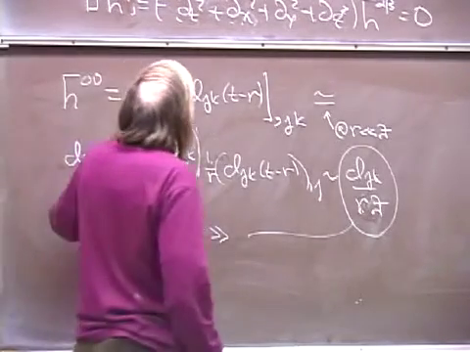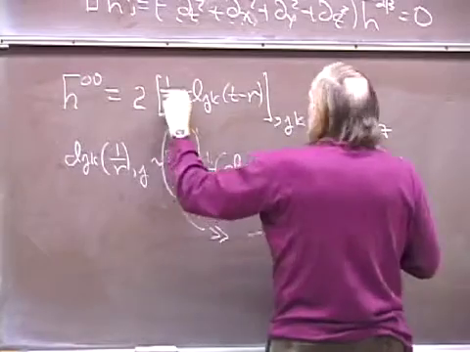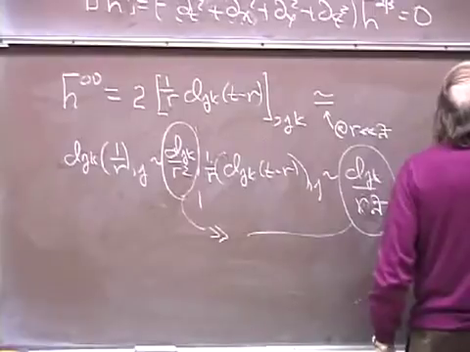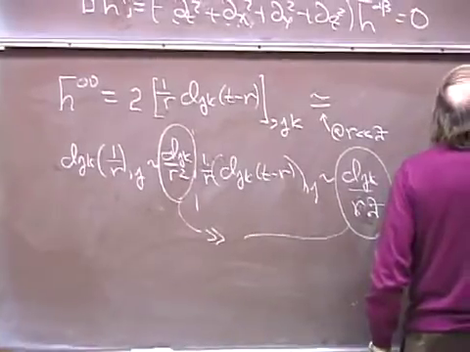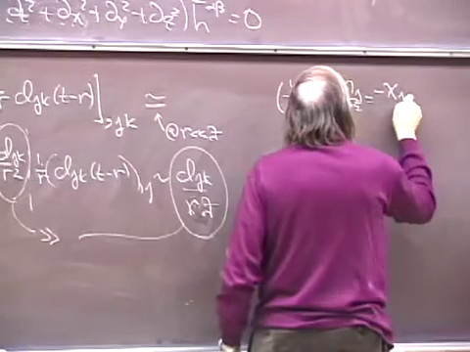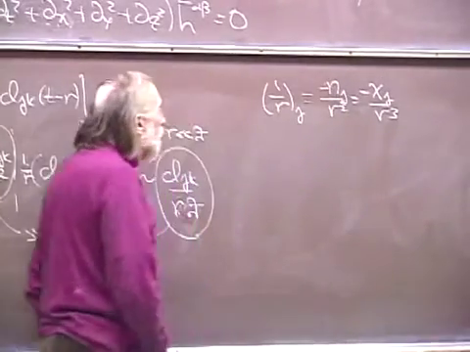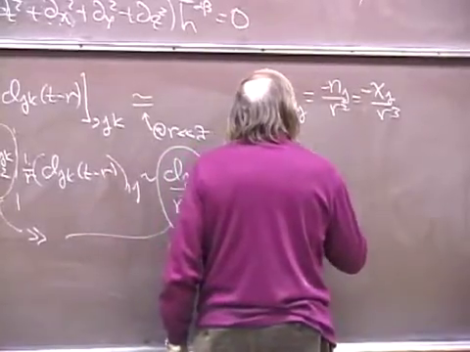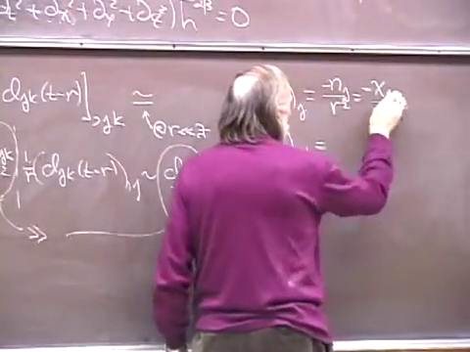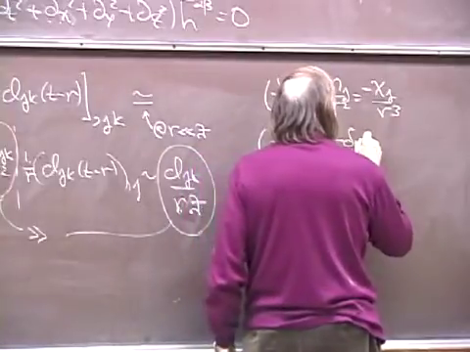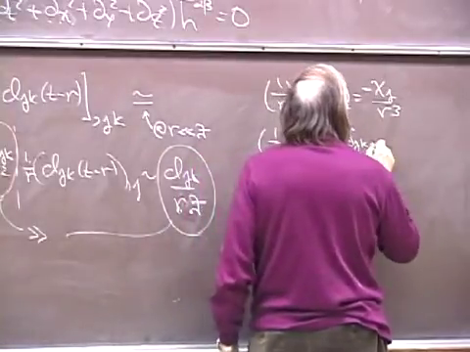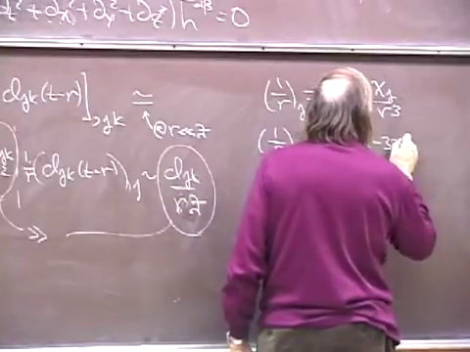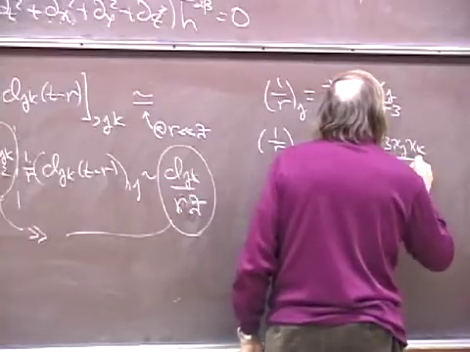When I do that, the first differentiation of 1 over r comma j gives me a minus n_j over r squared, that is, minus x_j over r cubed. It's the same thing. When I differentiate the second time, I get minus delta_jk over r cubed, and minus 3 x_j x_k over r to the 5th.